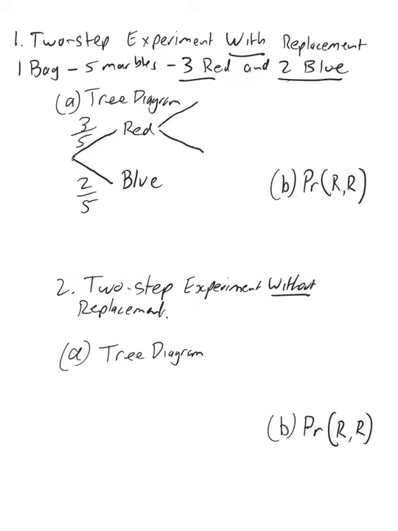Okay, so let's look at the second step. If we get a red marble, what are our probabilities for another red marble? Well, again, it's 3/5 because there are 3 out of 5 marbles that are red. And again, 2/5 because there are 2 blue marbles out of 5.